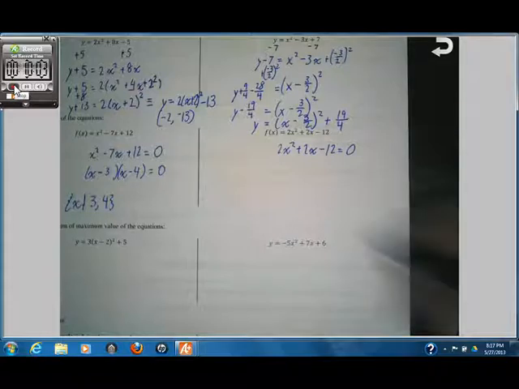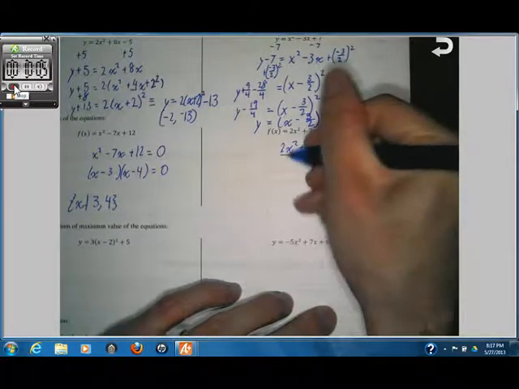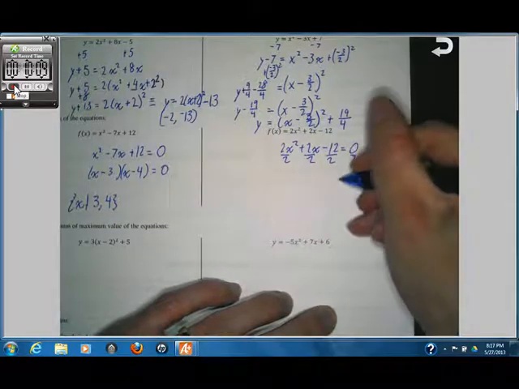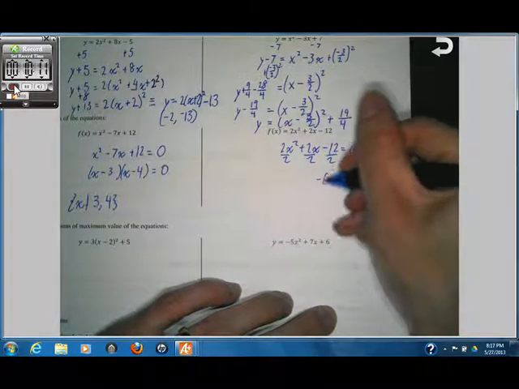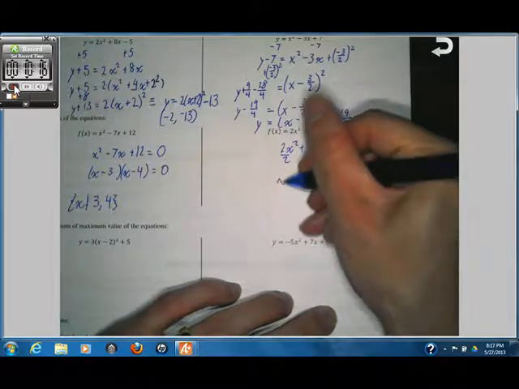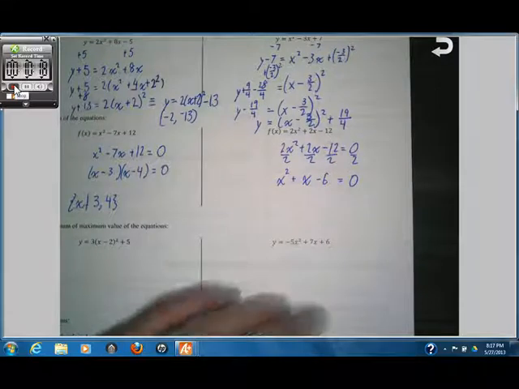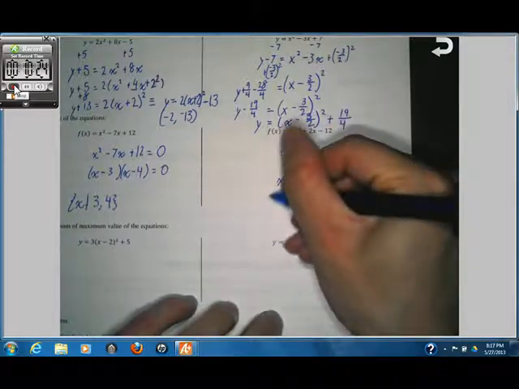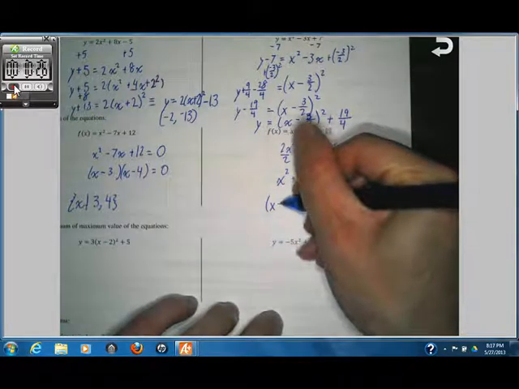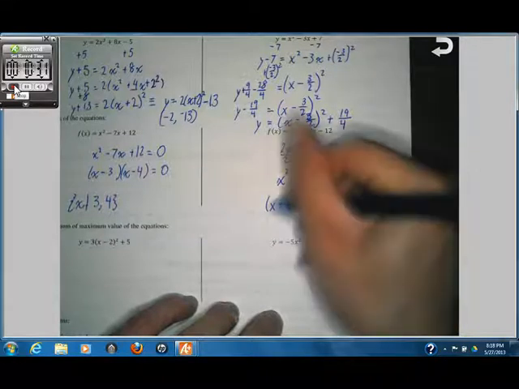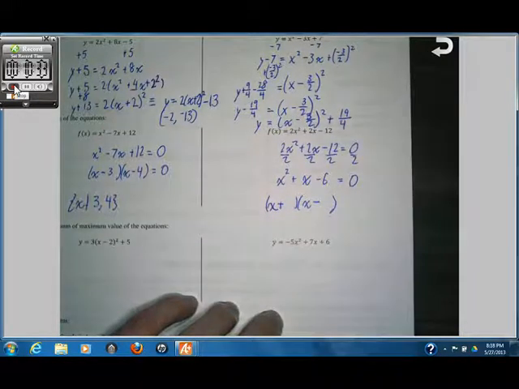Okay, looking for the factors of -6 that have a difference of 1. So we have x plus something and x minus something. And, well, the factors of 6 are 2 and 3. They do have a difference of 1. And we know, because this is positive, the 3 is going to be the positive one, 2 is going to be the negative one. Once again, insiders lie. So we have x is -3 and positive 2. So that was fun.